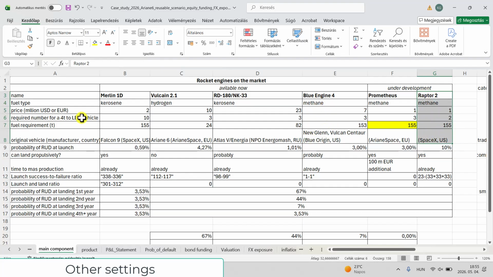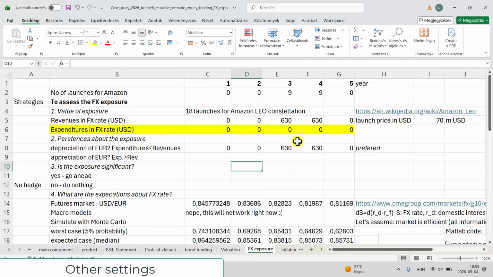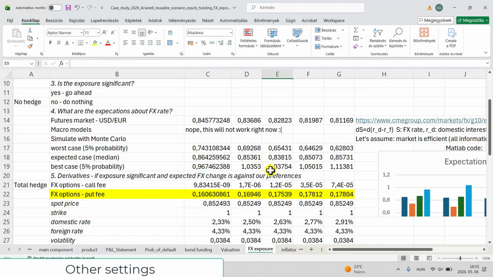All these 3 engines must be purchased for US dollars. So that's why exposure here can be affected because you have some expenditures. I don't have it because I'm using it. I have only US dollar revenues, and after that I don't care.